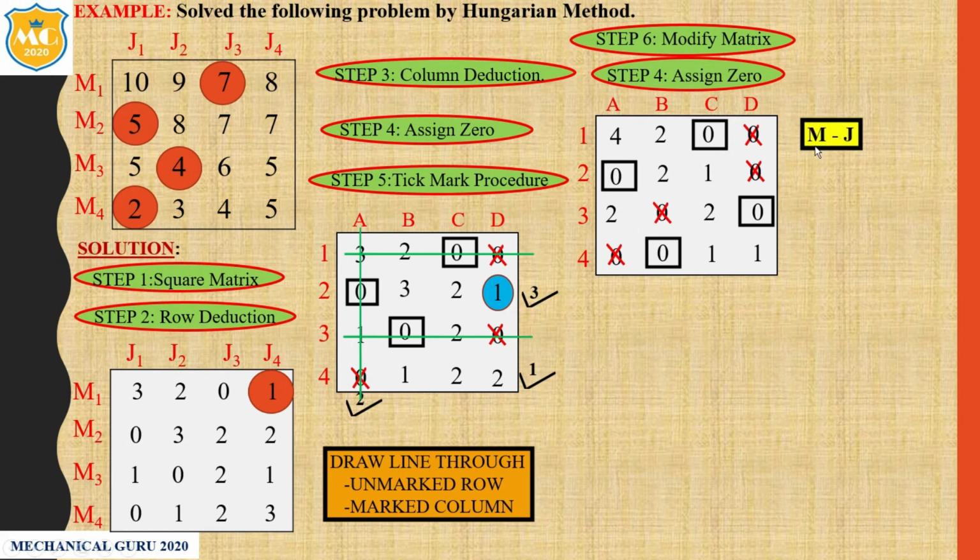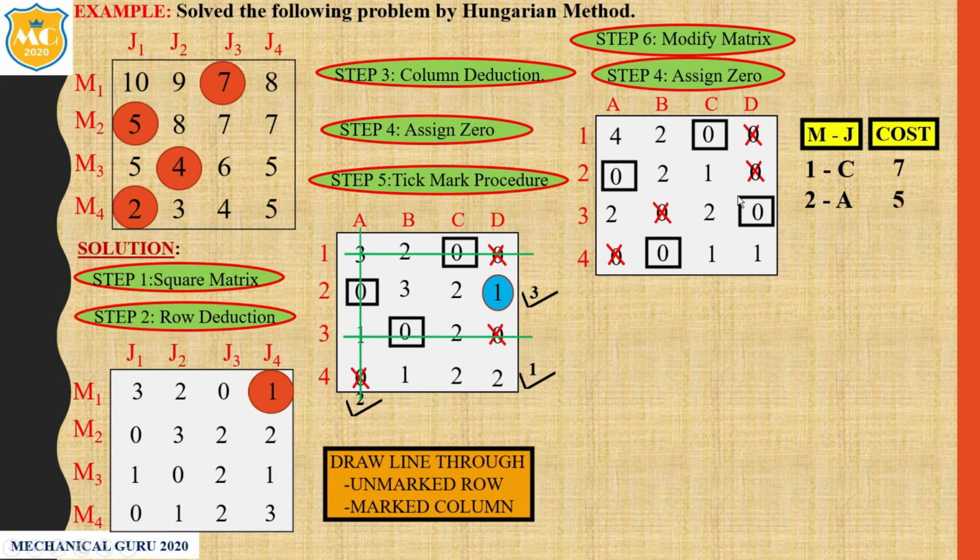So here machine and job, here is cost. Now here the first man is assigned C job, and in that we have to go to the original matrix. Here in that we get the cost. So here 1 2 3, that is 7. Now in second man assign job number A, in that the cost is 5.